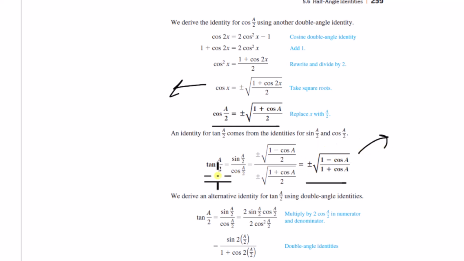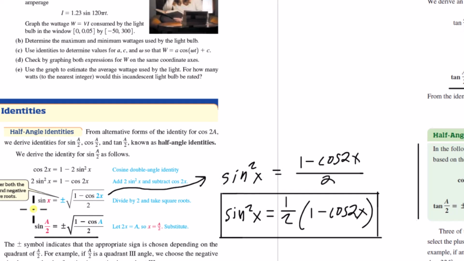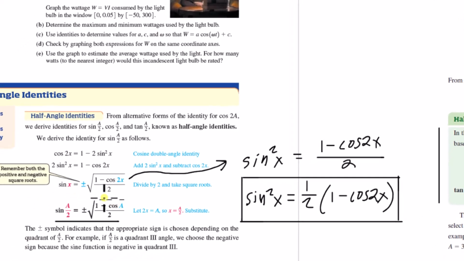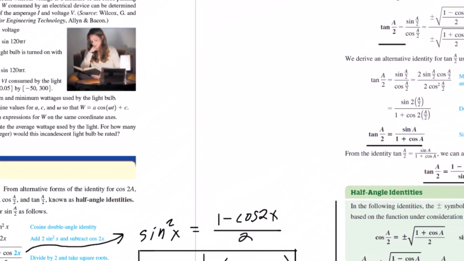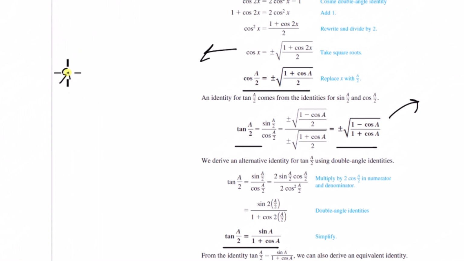So here we have cosine x. Let's divide the sine x at this step by the cosine x at this step. So that's sine x divided by cosine x. It is tangent x.